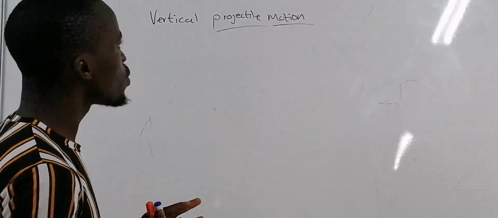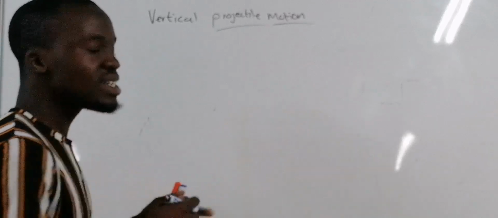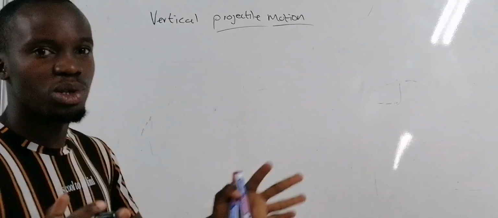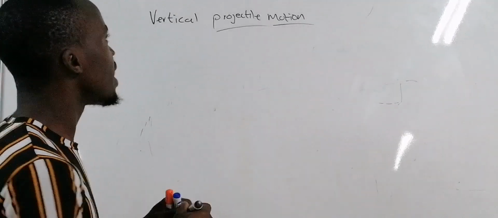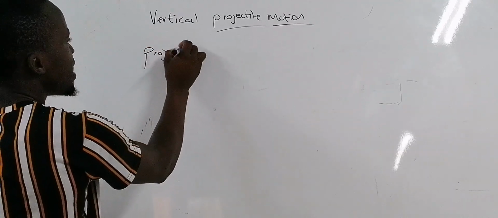Here, I'm going to explain what a projectile is, and what happens in the motion of a projectile. When we talk about a projectile, it's very important for you to know how to define it.